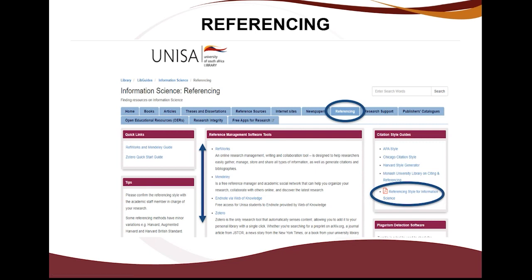If you want to use RefWorks, you can register for RefWorks or Mendeley, and we will soon subscribe to EndNote. And I know some people are using Zotero, which is mainly used by historians and anthropologists because of their footnoting. But talk to your personal librarians if you want to register for any of these.